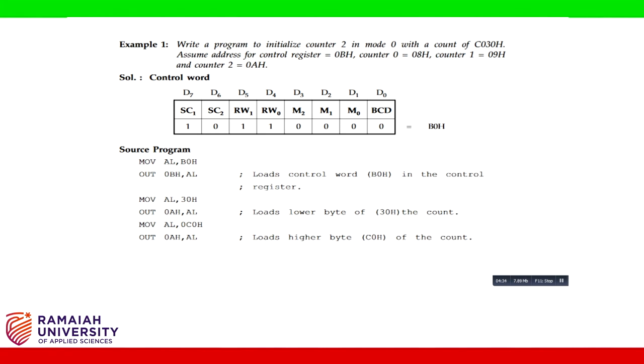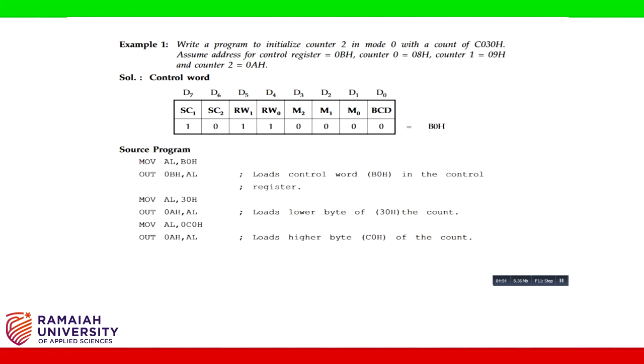So as an example, if we want the timer to be initialized in mode 0 using counter 2, then the respective number to be loaded in the control word register is 10110000, that is B0 in hexadecimal.